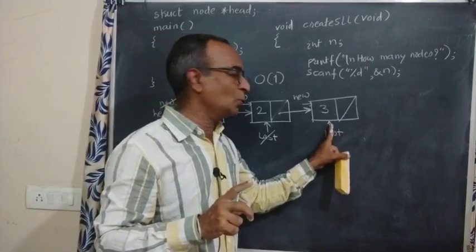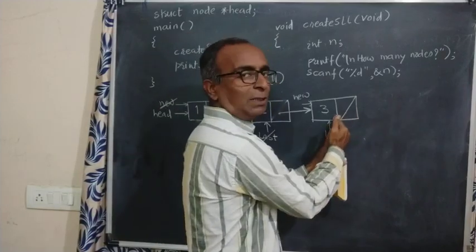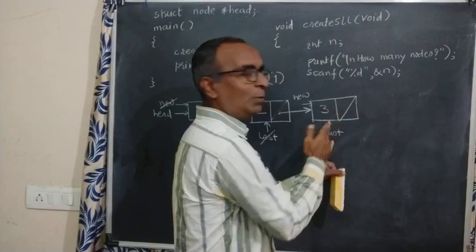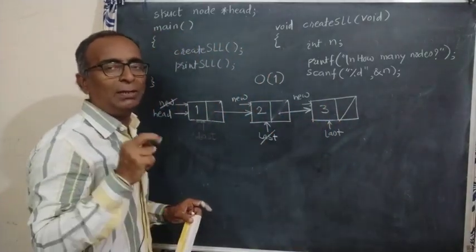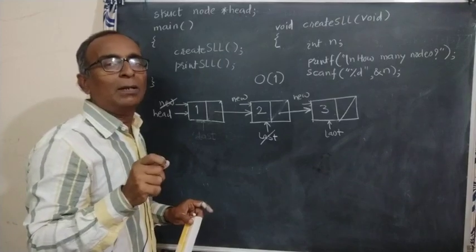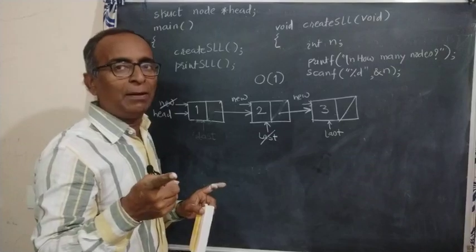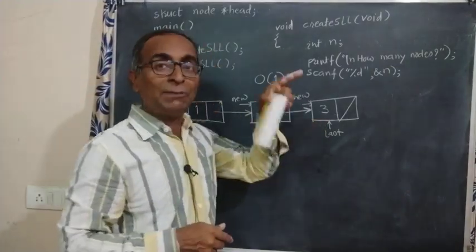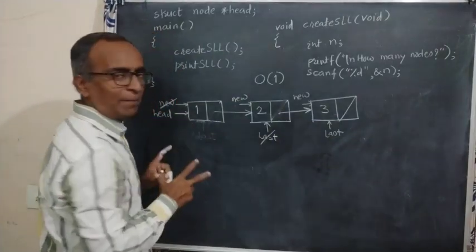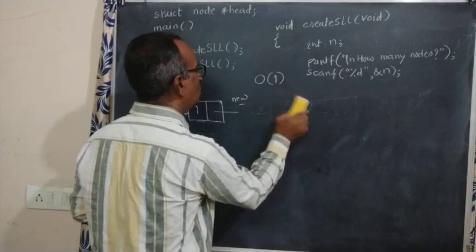When I want to insert at end, means I know predecessor node's address. And when you know predecessor node's address, then it will be big O of 1. So if you want to make constant time required for insertion at end, maintain last node's address. And in create linked list, we will maintain that this way. I'll tell you step by step.